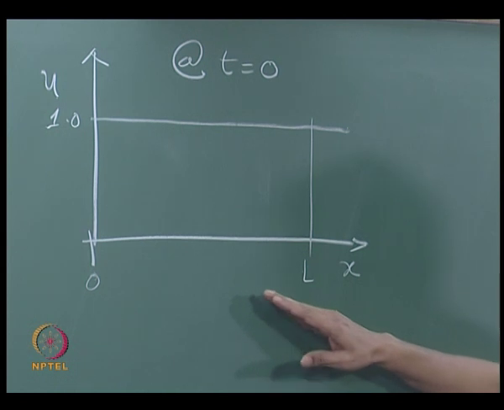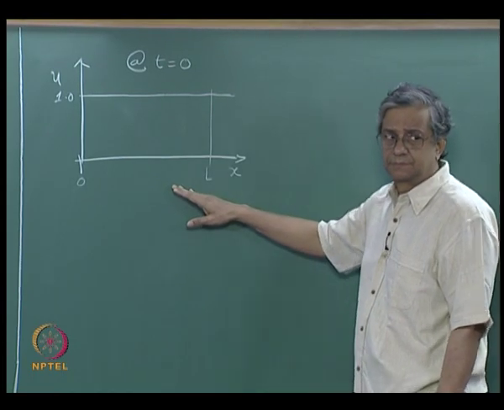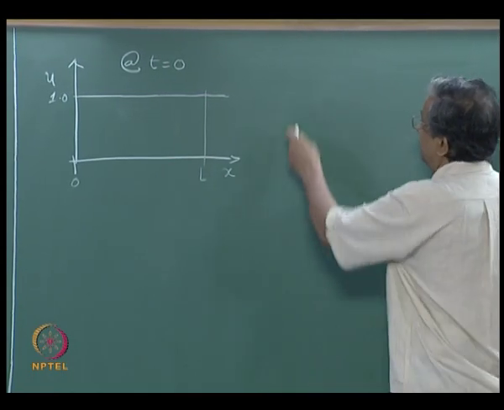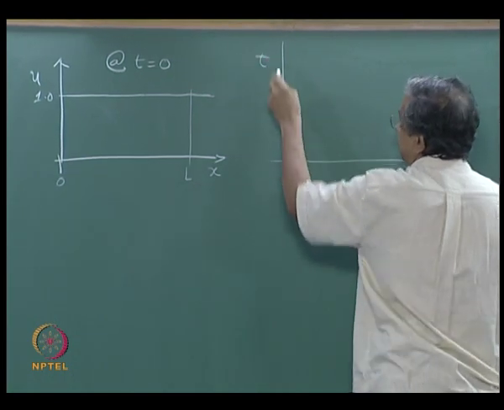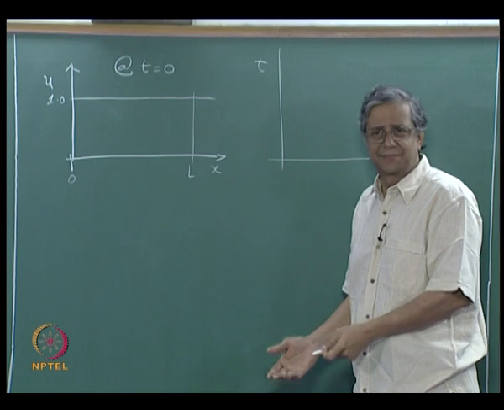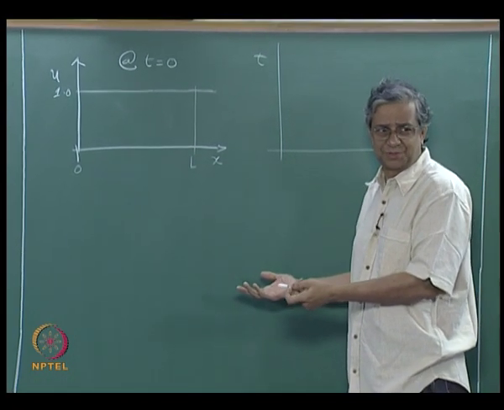If the initial condition is 1.0 everywhere, what is the solution? On the xt plane, what do you expect? Actually it is a rather boring problem, it is the same as ∂u/∂t plus ∂u/∂x equals 0, that is what it degenerates to.